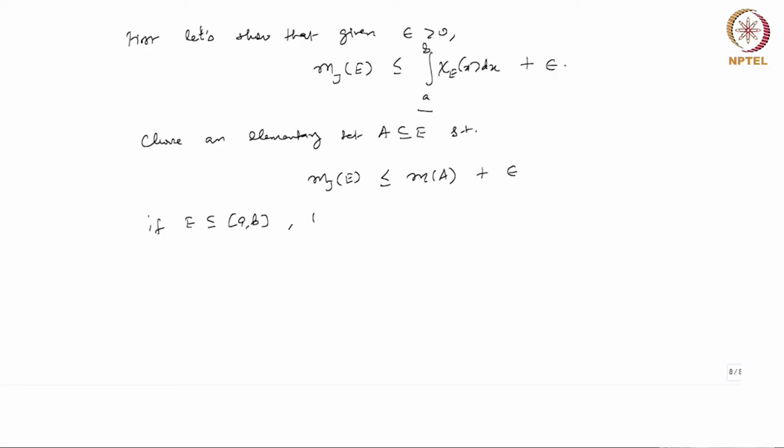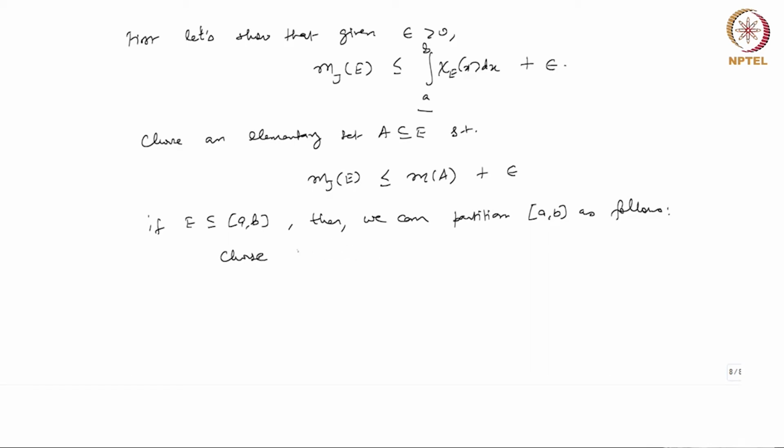then we can partition this interval AB as follows. So first choose intervals.